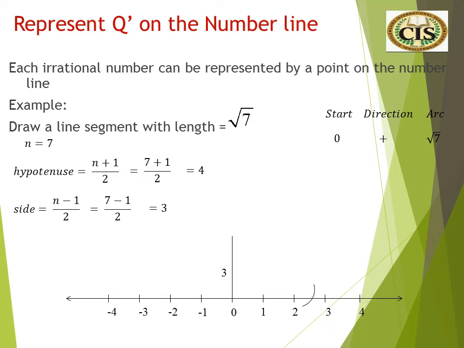The arc intersects the number line at root 7. So this is how we represent root 7 by using Pythagoras theorem.